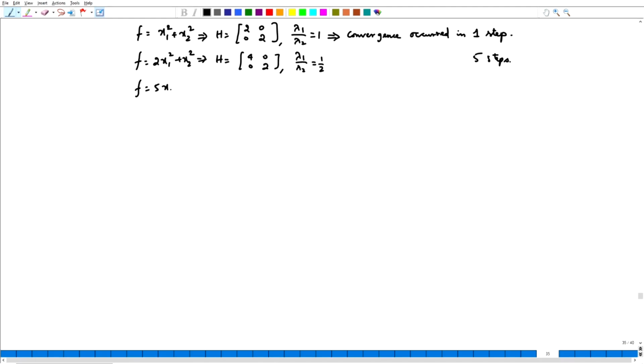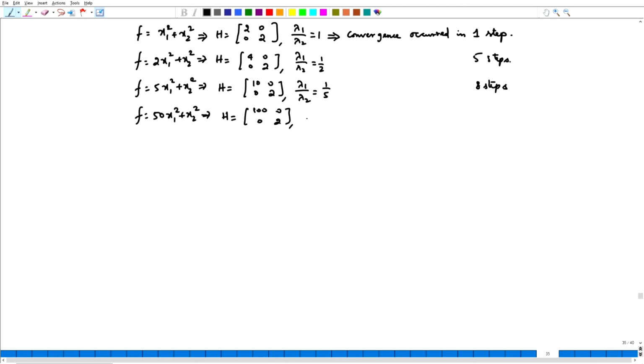When it was 5x1 squared plus x2 squared, h is 10002, lambda 1 by lambda 2 is 1 by 5, and here the convergence took 8 steps. And when it was 50x1 squared plus x2 squared, h was 100,002 and lambda 1 by lambda 2 is 1 by 50, and this took 316 steps.